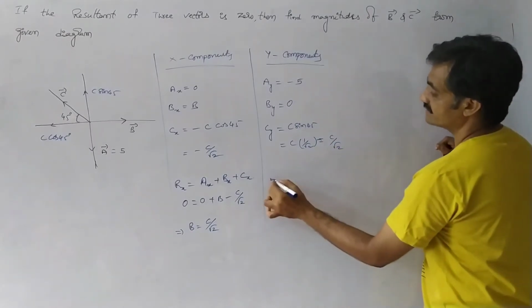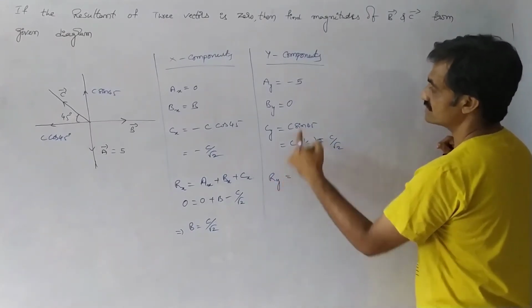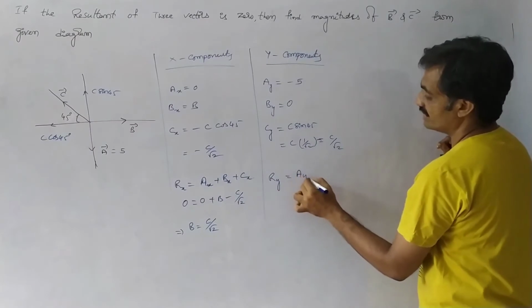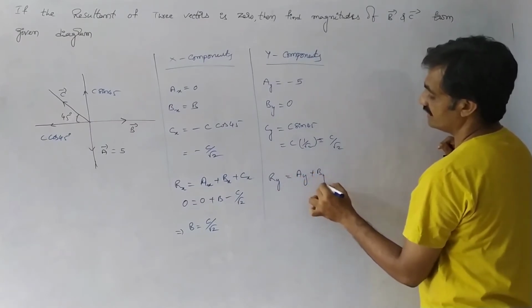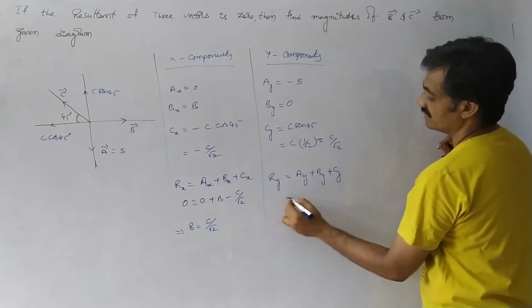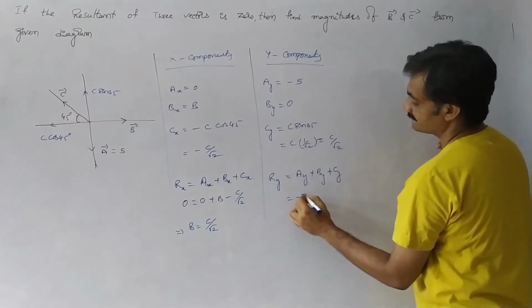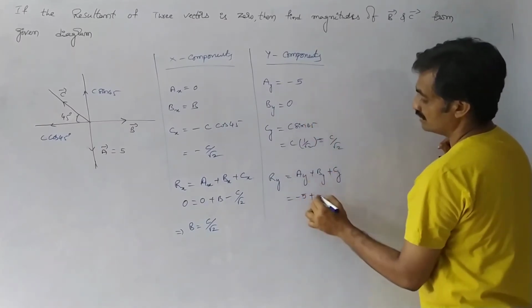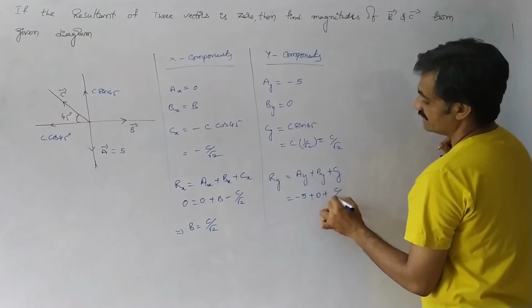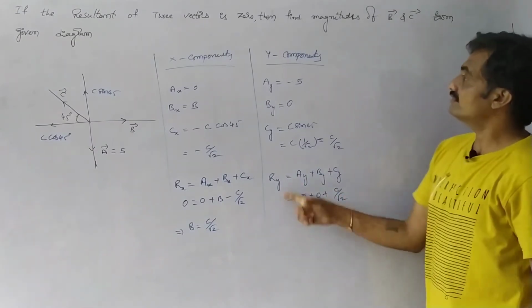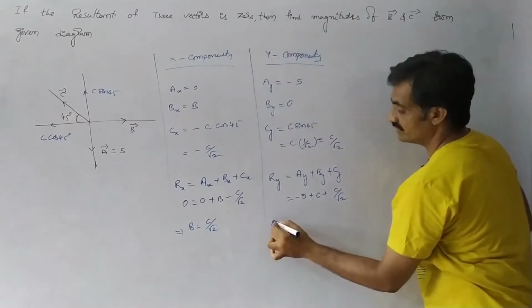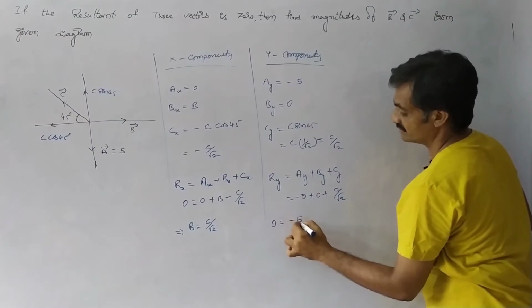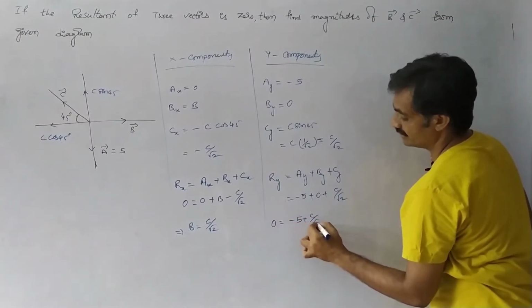Then the resultant is given as R suffix y equals A suffix y plus B suffix y plus C suffix y, which equals minus 5 plus 0 plus C by root 2. And here we know that the resultant is 0. So if we substitute this value, we have minus 5 plus C by root 2 equals 0.